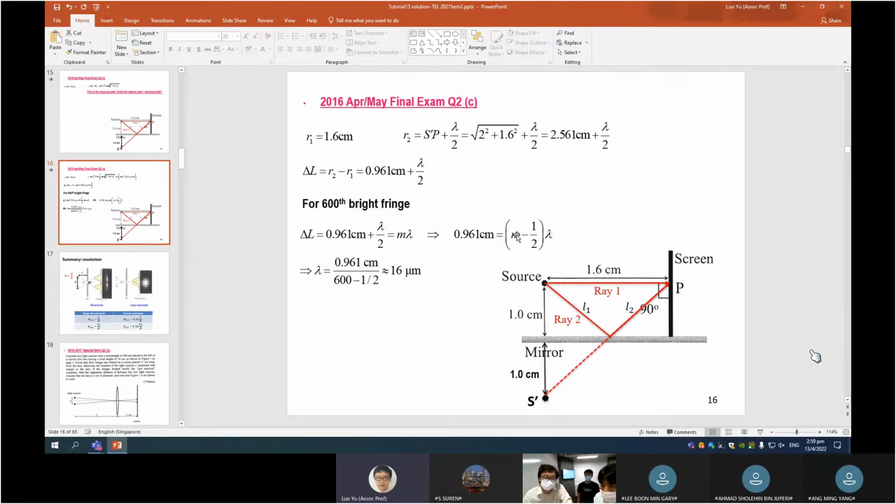So m can only start with 1 and go to 600. But if this is m plus 1/2, then it starts at 0, and the 600th should be 599 plus 1/2. But anyway, it's always 599.5. As long as the bottom here is 599 plus 0.5, it is okay.